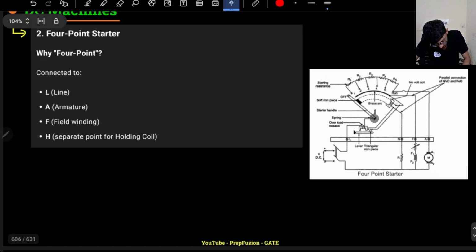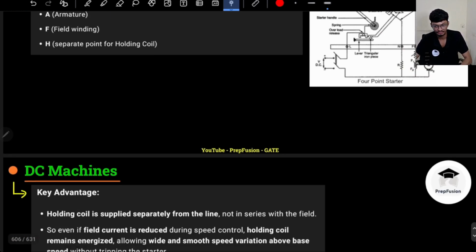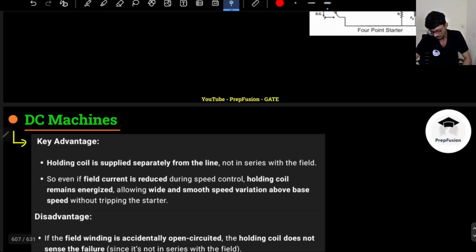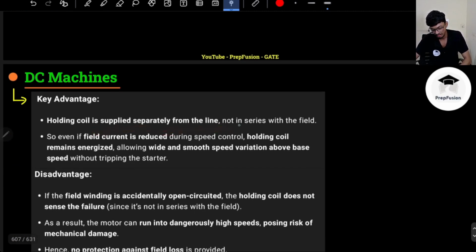The holding coil is not connected with the field; it is directly supplied from the line, with a resistance, and directly connected across the line. So whatever field control I do, because you can see I am changing the resistance here, it does not matter; the holding coil is independent of the field current. That is the only difference.